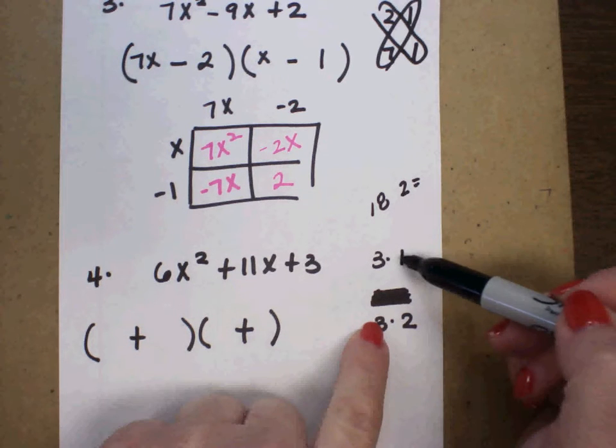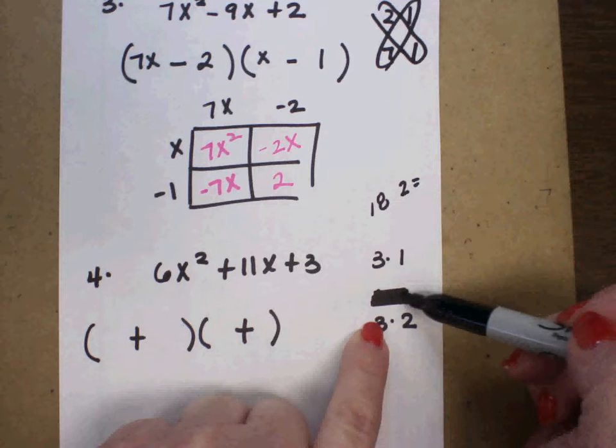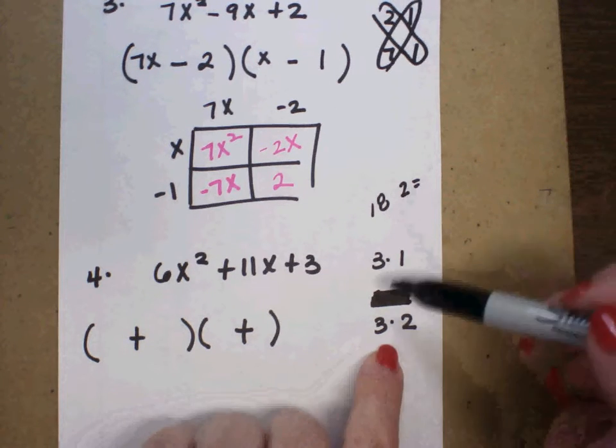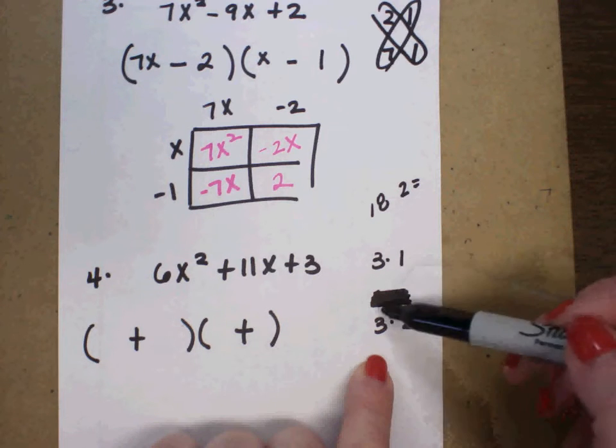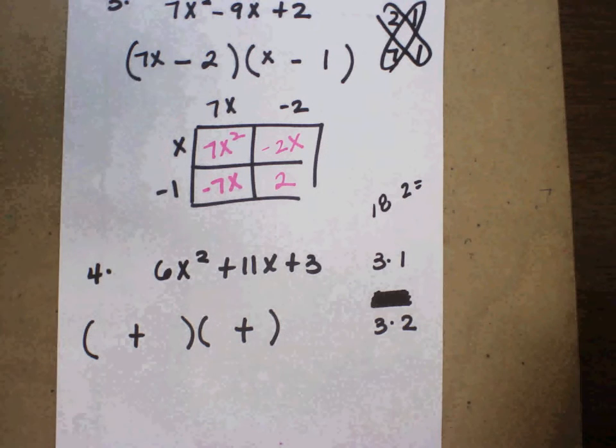All right, so let's start with the 6. The 6 is 3x and 2x, right? I need to multiply the 3 times the 3. So same parentheses, different parentheses? Different. 3 and 1, right?